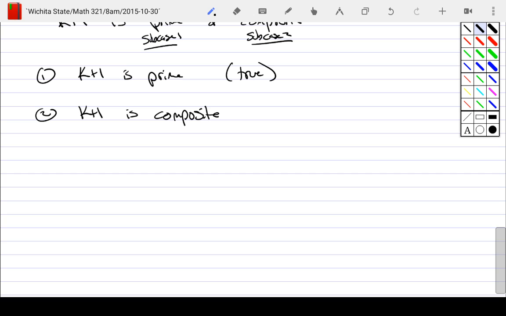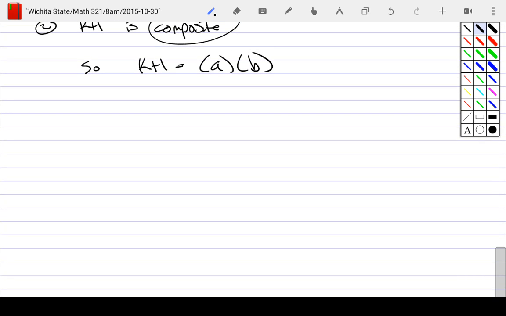All we know, the definition of composite means that k plus 1 is equal to a times b. What do I know about those factors for composites? What's always true about those numbers?